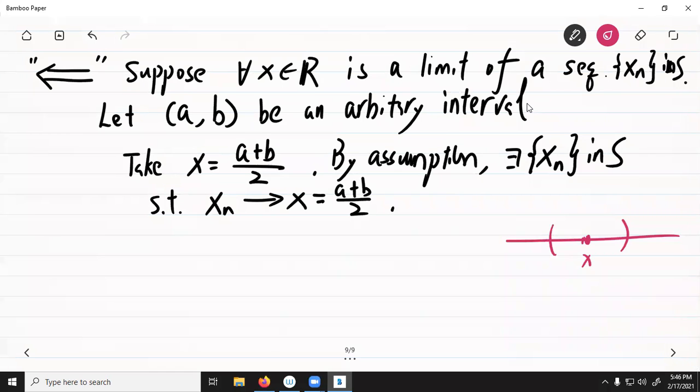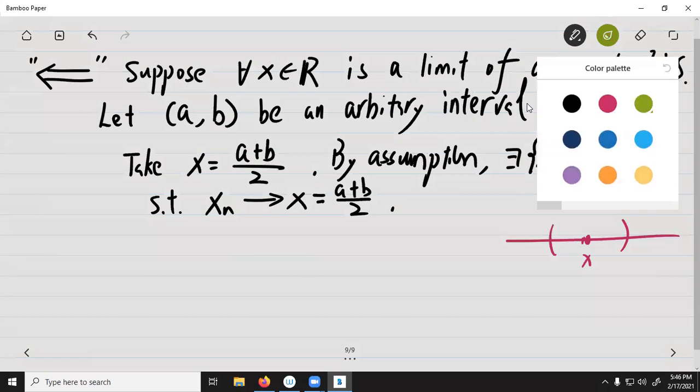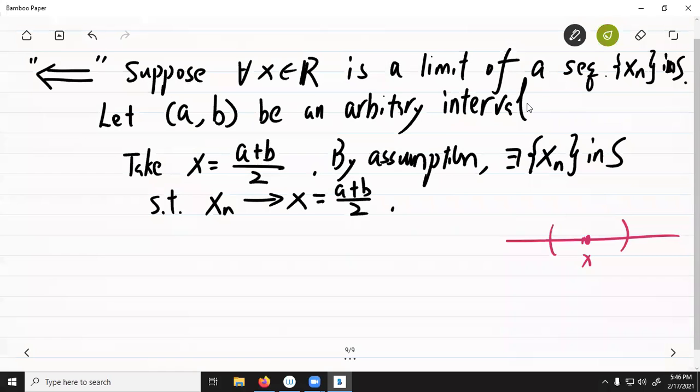We have a sequence, I use another color, a sequence which converges to this x. That means when n is large enough, it would be around this x. It is called converging to this x, right? When n is large enough, this xn should be around this x. So since it's around this x, it should be inside. When n is not large enough, maybe outside.